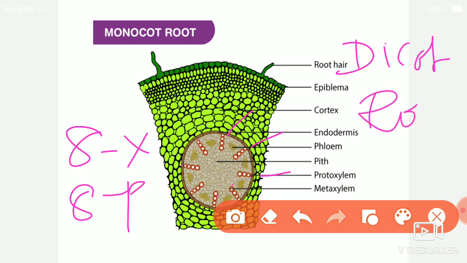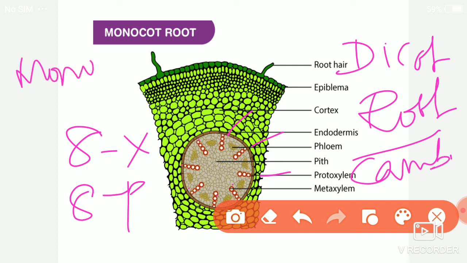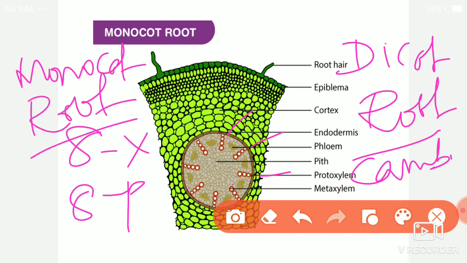And the main difference is that the dicot root has a cambium, which is absent in the monocot root. So only the dicot plants have secondary growth. That means the plants can grow as big trees.